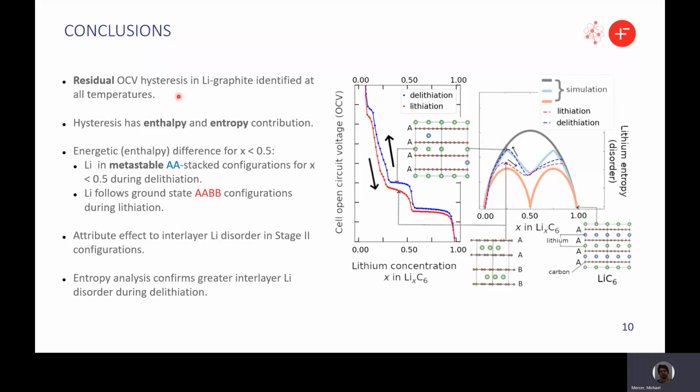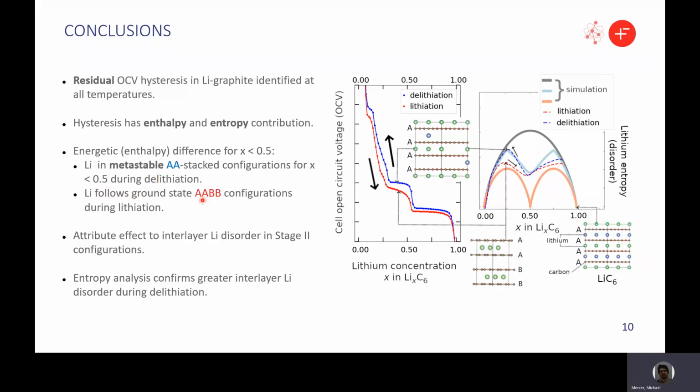So, summarizing all of that, we've identified a residual hysteresis in the open circuit voltage at all temperatures, which has an entropy and an enthalpy contribution. We attribute the energetic difference to lithium remaining in metastable AA stack configurations for x less than 0.5. However, that's during delithiation.